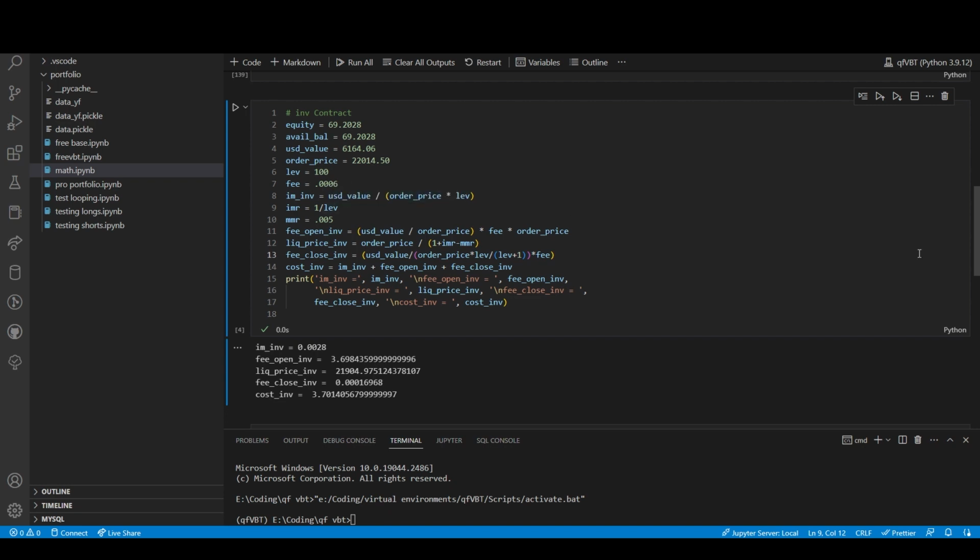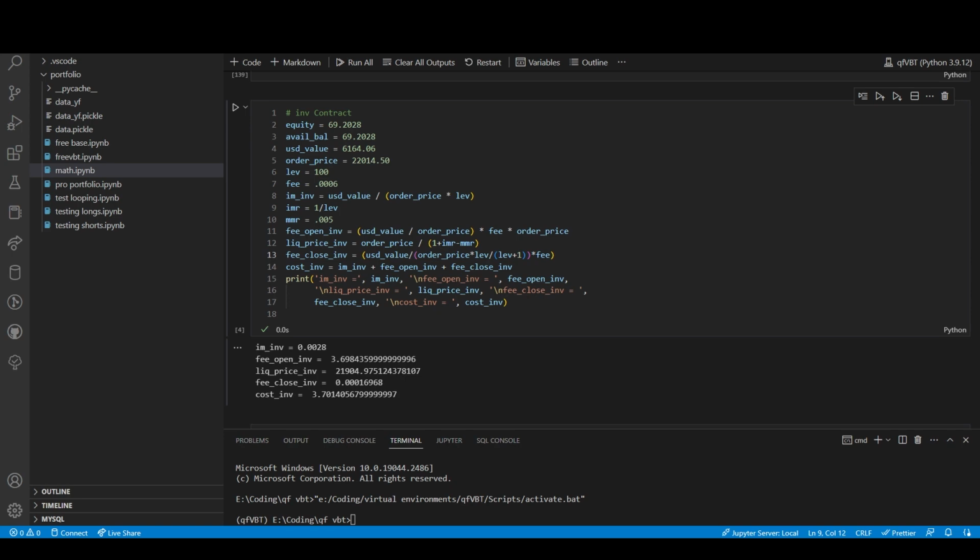USD value divided by order price, USD value divided by order price times 4. Wait. What? What?